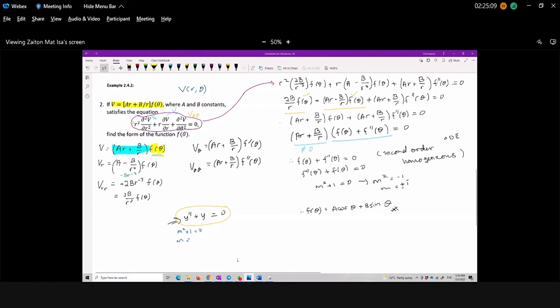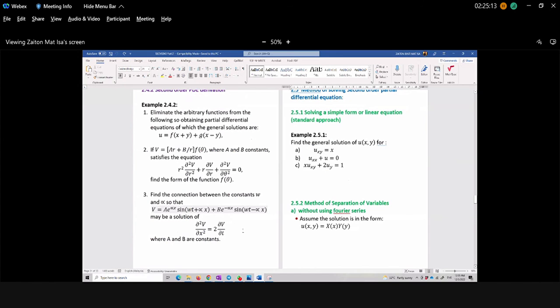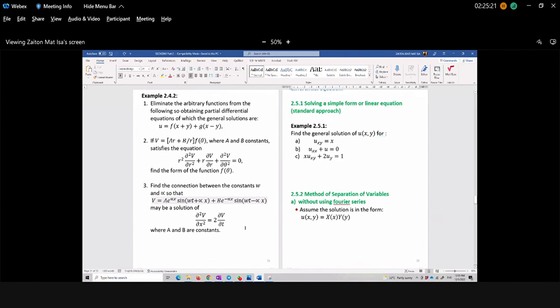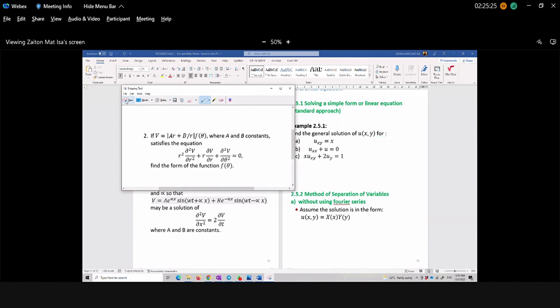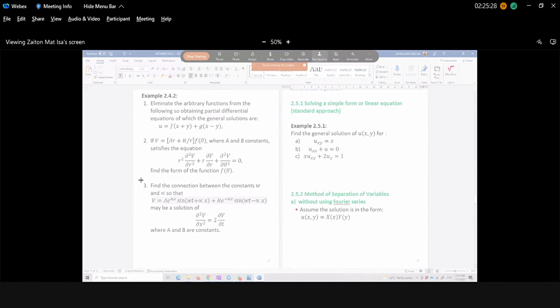The last one: the connection between the constant W and alpha, so that V may be a solution of the PDE. Put this same concept. The question is on the understanding of the relationship between the solution and the PDE.